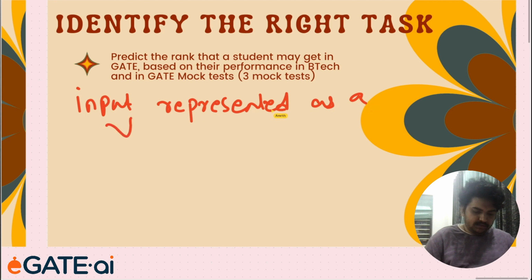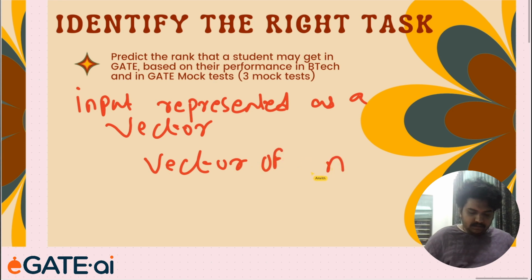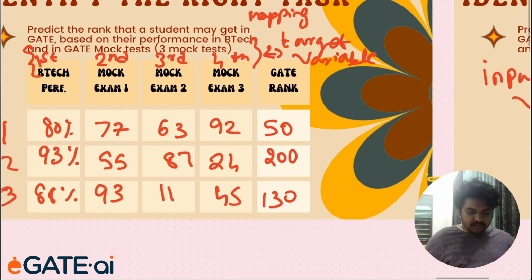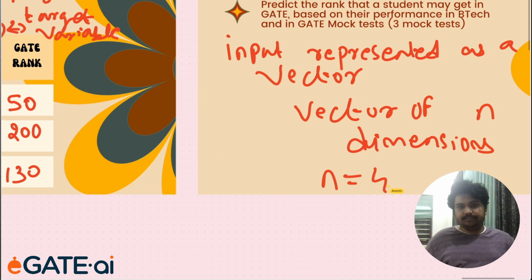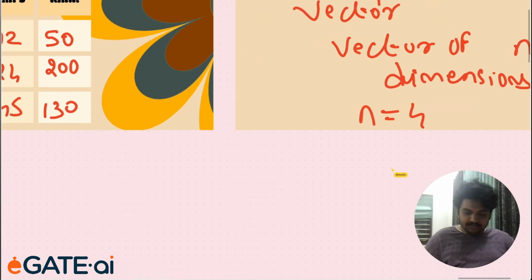In our previous problem, we have 4 features, so n is equal to 4. So each student is represented as a vector of 4 dimensions and is represented as follows.